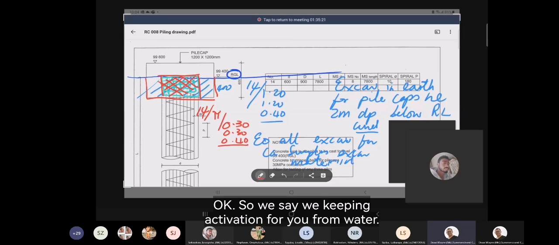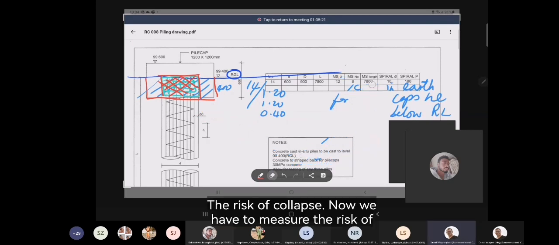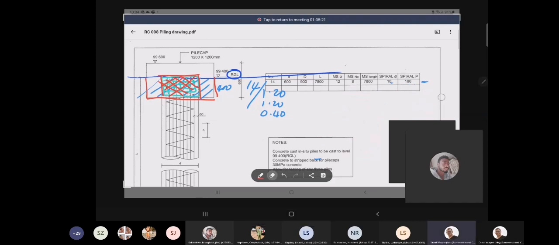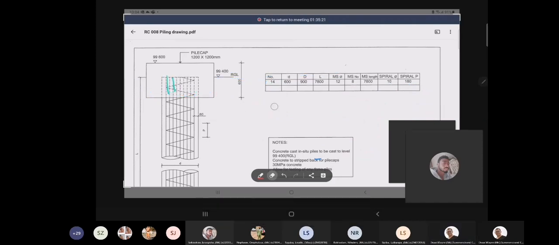Okay, so we say we're keeping our excavation free from water, and then for this base, not base, my apologies, for this pile cap, we now need to do risk of collapse. Now we have to measure the risk of collapse here. And the risk of collapse that we measure here would be there.